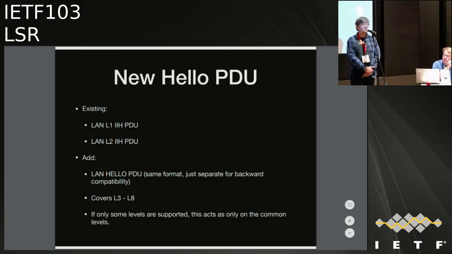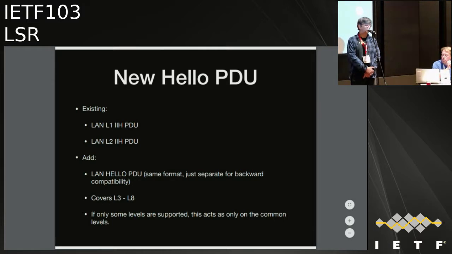The other things that we need to do to make this happen, we need a new Hello PDU. Right now we have an L1 IIH, we have an L2 IIH. We could go down the path of creating L3 through L8 IIHs, but I don't think that's strictly necessary. I think if we just create a new one, because we don't want to have backwards interoperability issues, we could create one new one that allows you to advertise level 3 through level 8 IIH at one time.